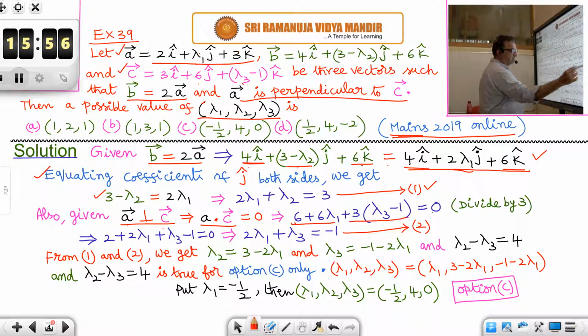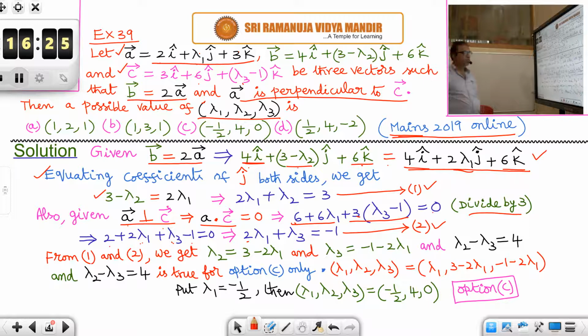That should be 0. Now divide by 3 because 3 is a common factor there. Dividing by 3 you get 2 plus 2 lambda 1 plus lambda 3 minus 1. So this 3 gets cancelled completely. So therefore 2 lambda 1 plus lambda 3 must be equal to minus 1. Okay, that is second equation.